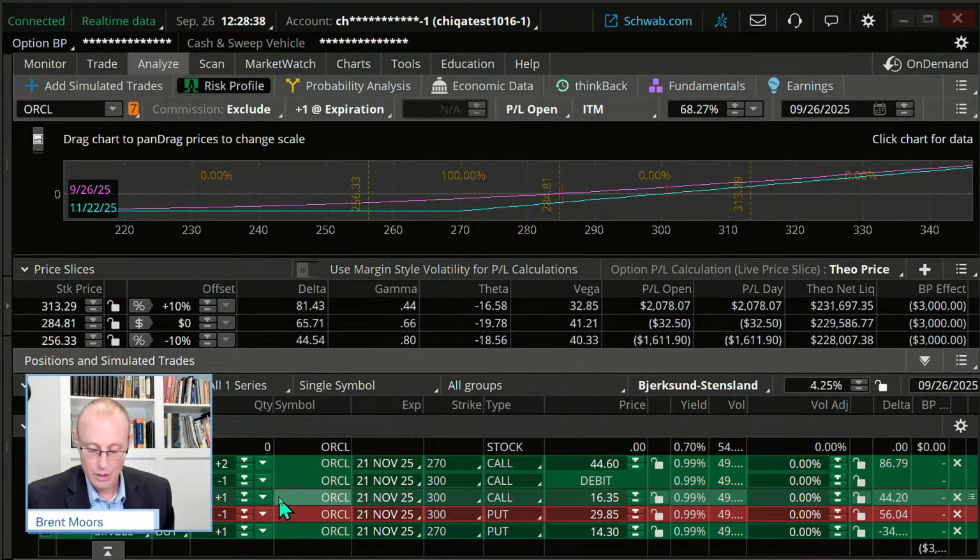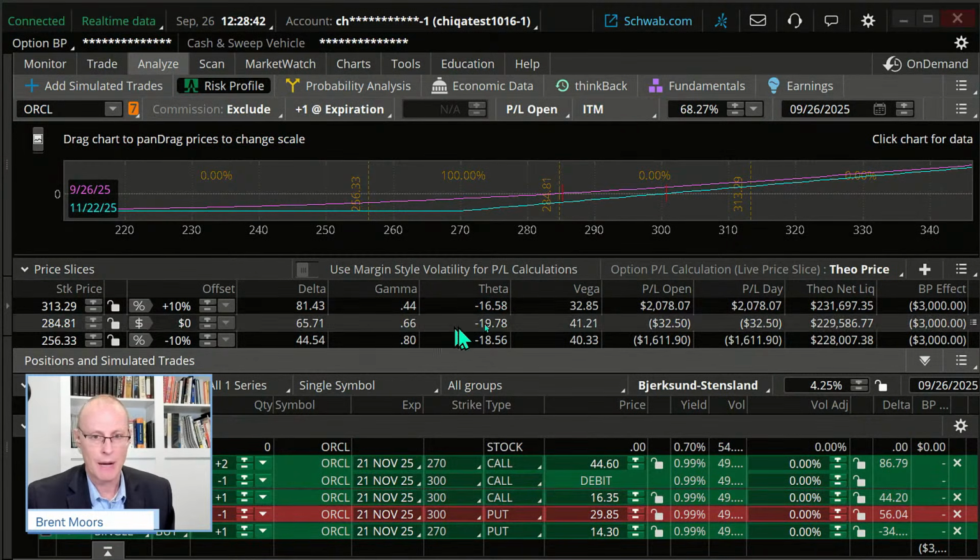Okay, so there's that. What about our Greeks? Theta is minus 19, which is pretty close to what the other one was. Greeks don't make much of a difference. The vega is 41, which is pretty close. The other one was 38. Pretty close to the one.